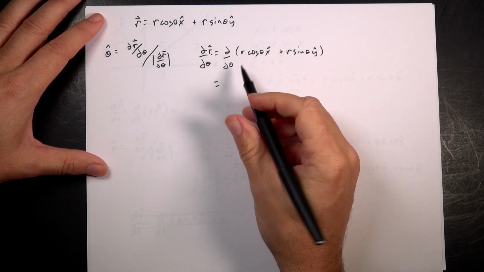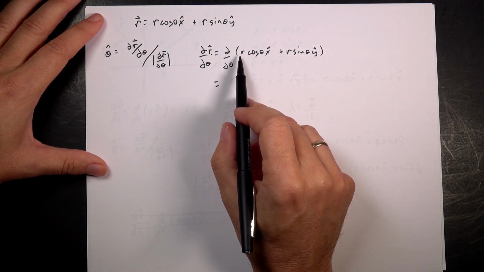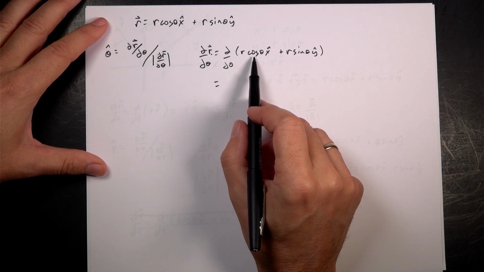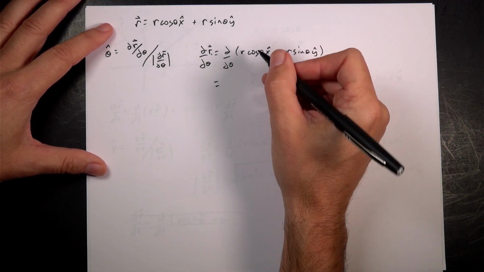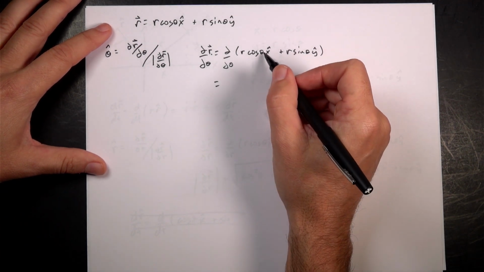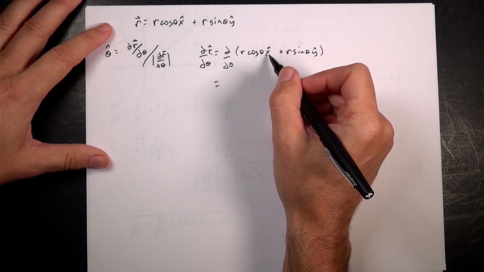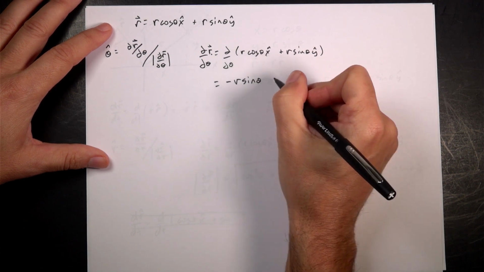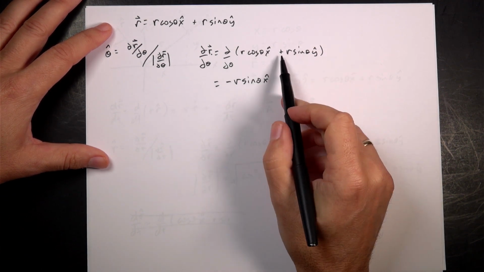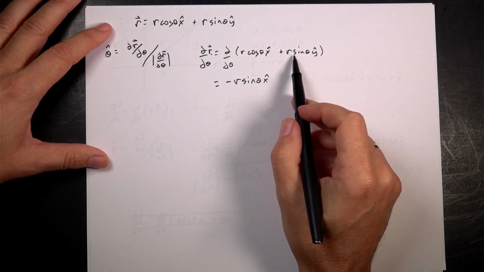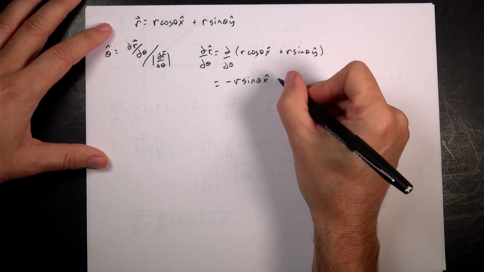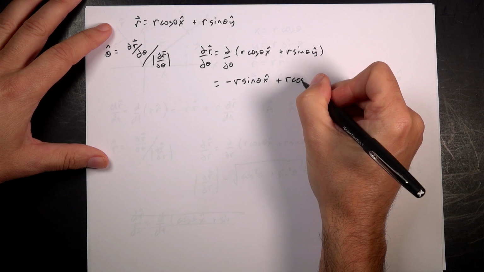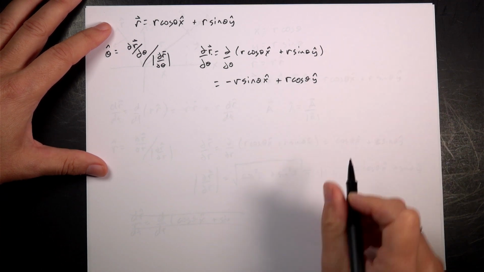So if I take the partial of that, again, the r is a constant, so nothing happens to it. I have to take the partial of cosine with respect to theta, which is negative sine theta. And then it's a partial, so I don't have to do anything with the x hat. X hat's a constant, so I get minus r sine theta x hat. Now if I go over here, the partial of this with respect to theta is just going to be plus r cosine theta y hat.